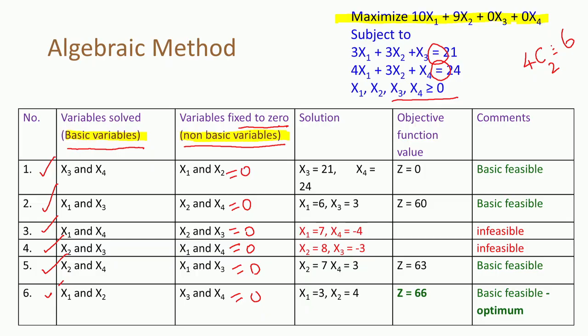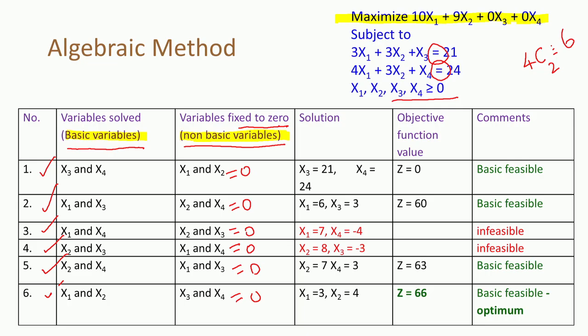I can choose 2 variables out of 4 in 6 ways, 4C2 ways that have been shown in this corner, and I can solve the problem using these 6 pairs of variables. In each of these 6 problems, there are 2 basic variables, the variables that we are going to solve, and we have the remaining 2 variables as non-basic variables, and we fix the non-basic variables to 0.